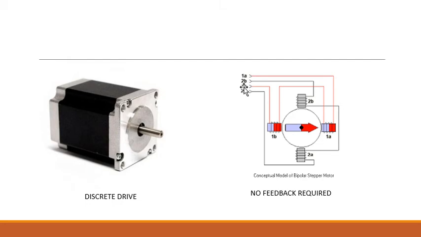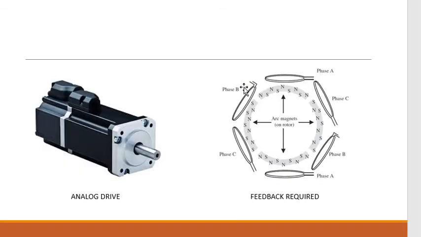The second type of these motors is the servo motor. The servo motor includes actually 4 to 12 poles inside, and you can see pictures of it. Here is the feedback.